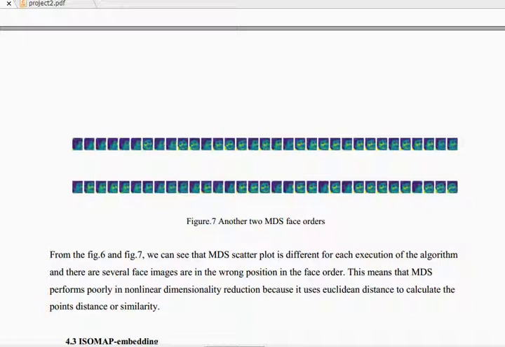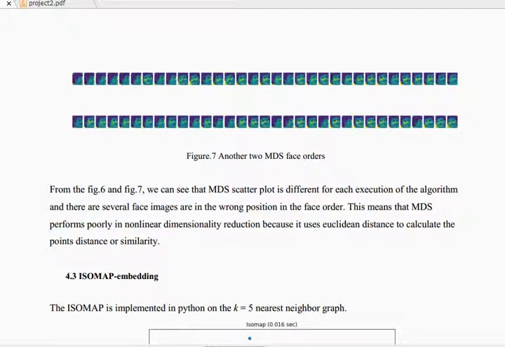You can see this image, and in this calculation, the order is also not correct. So that means MDS performs poorly in nonlinear dimensionality reduction because it uses Euclidean distance to calculate the pairwise distance or similarity.